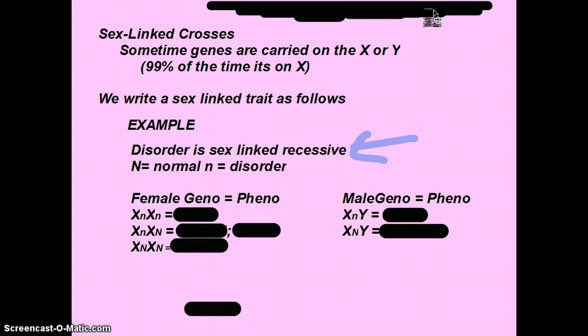Okay? Now, looking closely, a female that has X little n, what can you tell me about her? She has the disorder. A female that has X little n, X capital N. Good. She's a carrier. Does she show it?